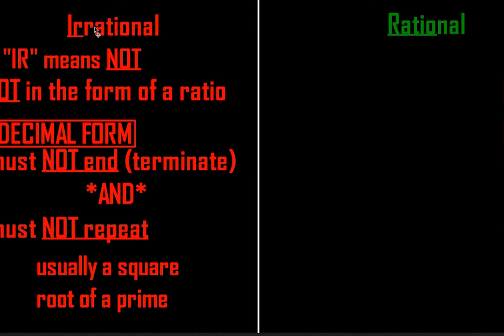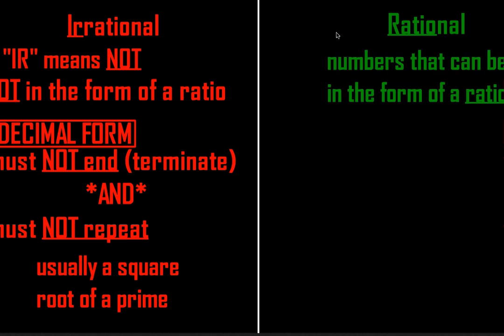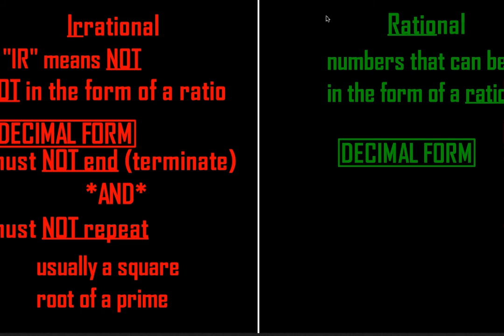So now, okay, irrational numbers, not a ratio. However, for rational numbers, notice how I have the word ratio in there. Again, ratio, we're talking about a fraction. And so we're going to say, all right, it's numbers that can be in the form of a ratio. And so we're going to say, well, what does that decimal form look like?